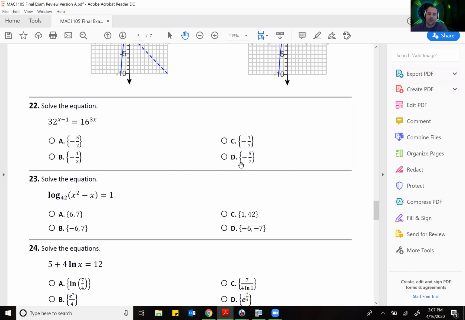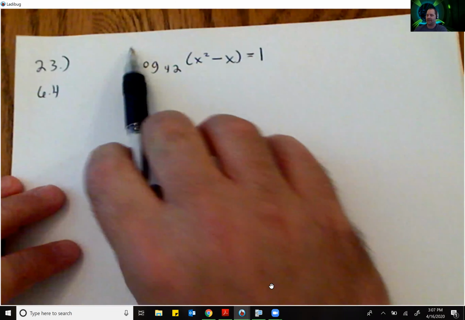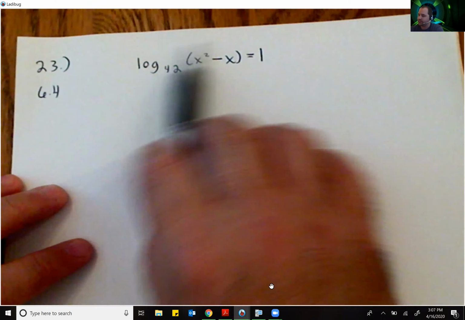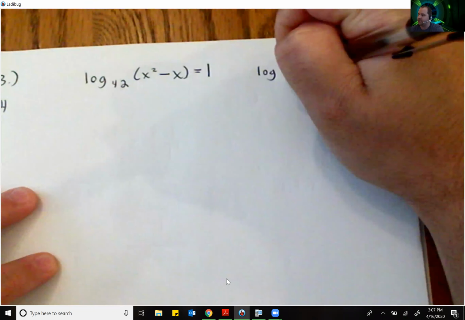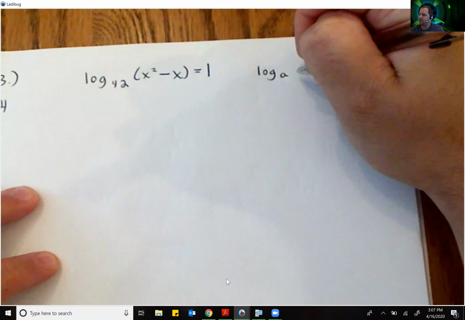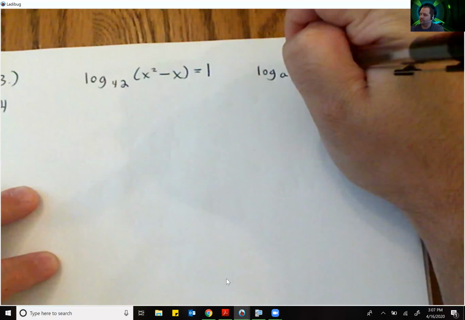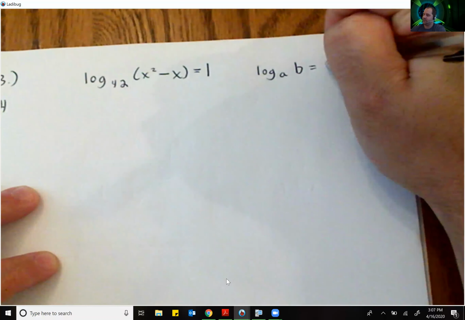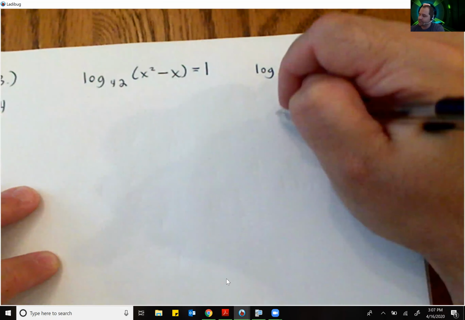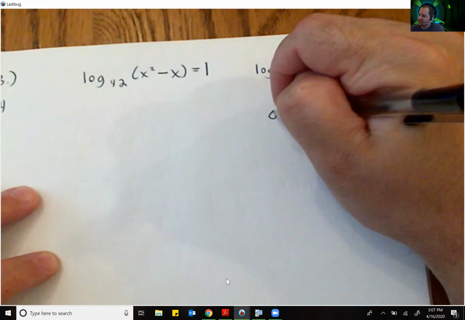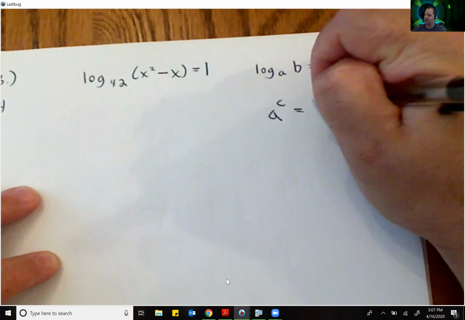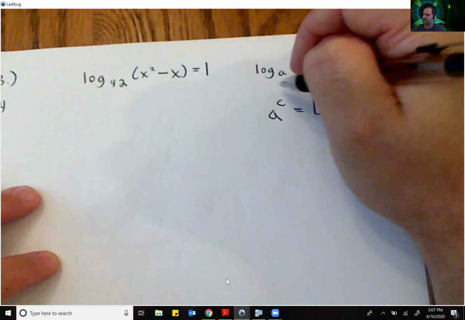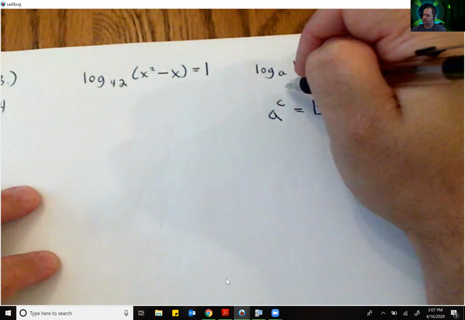One of the ways that you learn how to solve logs is to remember that it is actually the inverse of an exponent. So we could take this log that we have here and turn it back into exponents. Because if you remember, log base A of B equal to C really does look like A to the C equal to B. So this is if you want to reverse back and forth between these two.